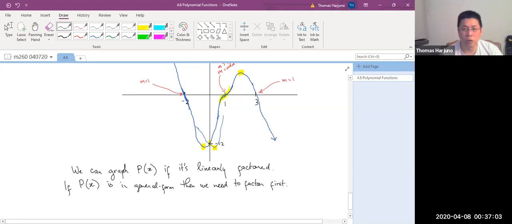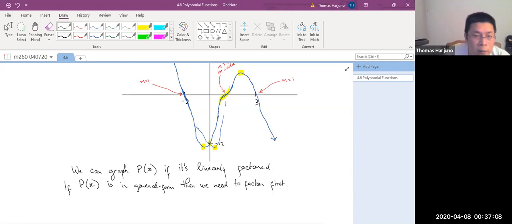So the rest of today's lesson is basically dedicated to finding methods, learning to factor a polynomial with degree 3 or more. Unfortunately, there's no single tool, no single method, no single theorem, no single rule that we have to fully factor a polynomial. However, we have plenty of theorems that help us identify the factors.